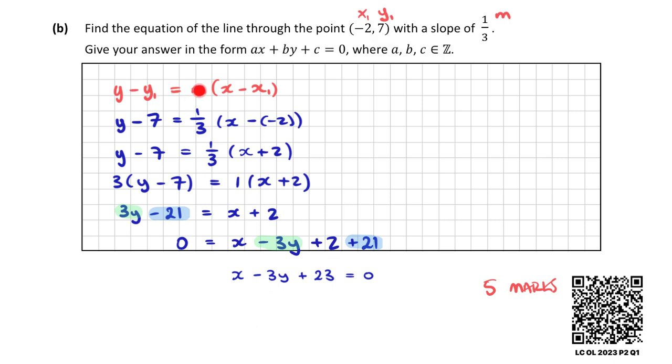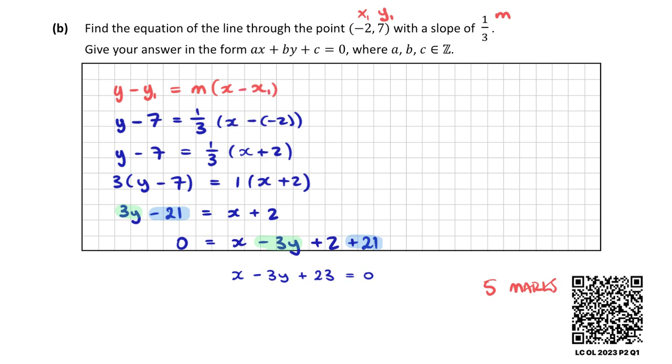So we have y minus y1 is equal to m times x minus x1. Y stays the same. Minus y1, in this case y1 is 7. So it's going to be y minus 7, equals m, which in this case was the slope, 1 over 3, times x minus x1.